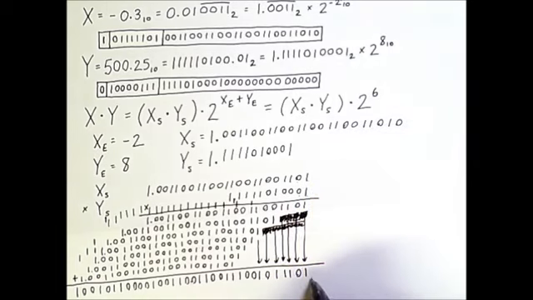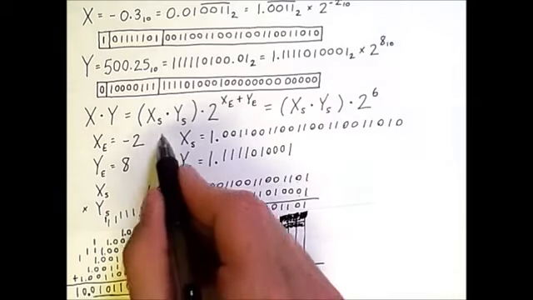And so, starting from the right here, our binary point will be 32 positions over. This position here is 32 bits over from the right. And so that is where this binary point goes.